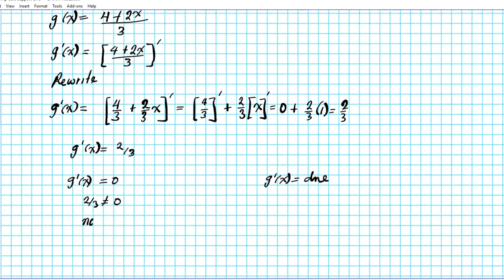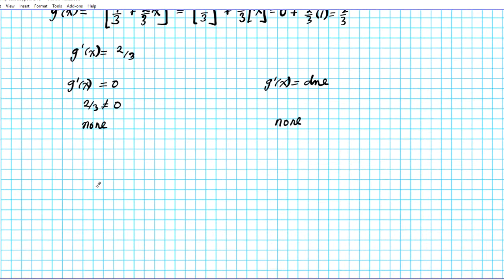There are no points on the function where the derivative is equal to 0, because the derivative is fixed as 2/3 for the entire function. Where is the derivative undefined? Nowhere, because it's always defined, namely 2 over 3. What does that mean for us? It means that this function does not have critical values.